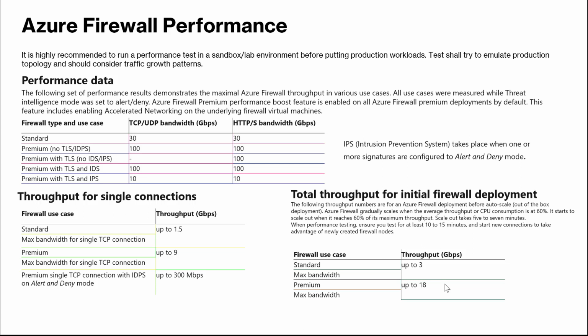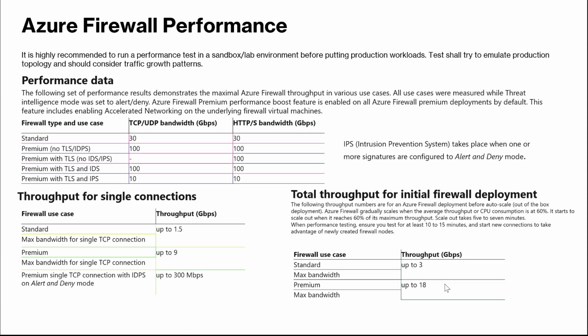So these are important considerations in my viewpoint when you're making a decision to use Azure Firewall for your workload, because this could come in your way if you have a workload that needs more throughput than what is being presented here, right? Similarly, for initial firewall deployment, I've also given you some statistics here, so you can leverage them for your decision-making process.